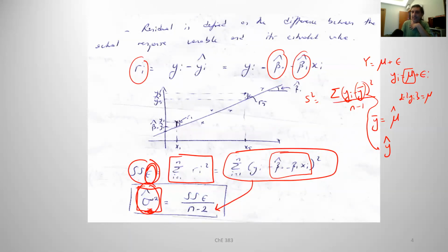So y bar is exactly the expected value of yi, its predicted value here. The very same thing occurs here.